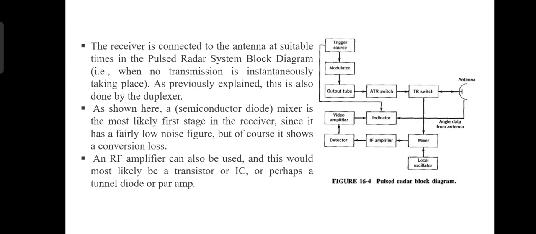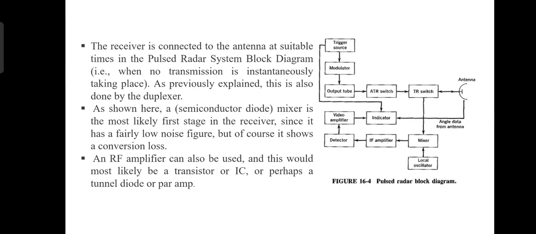As shown here, a semiconductor diode mixer is the most likely first stage in the receiver since it has a fairly low noise figure, but of course it shows a conversion loss. An RF amplifier can also be used, and this would most likely be a transistor or IC, or perhaps a tunnel diode or paramp.